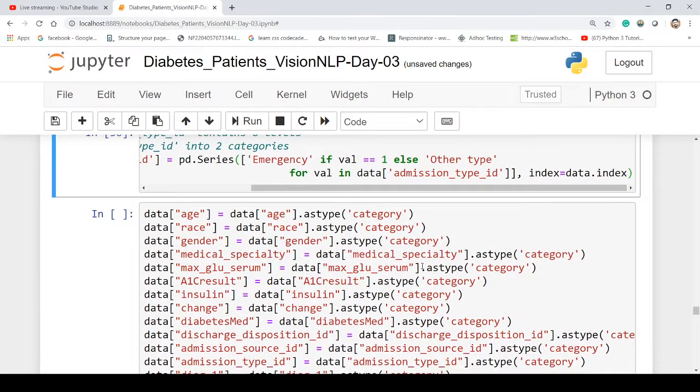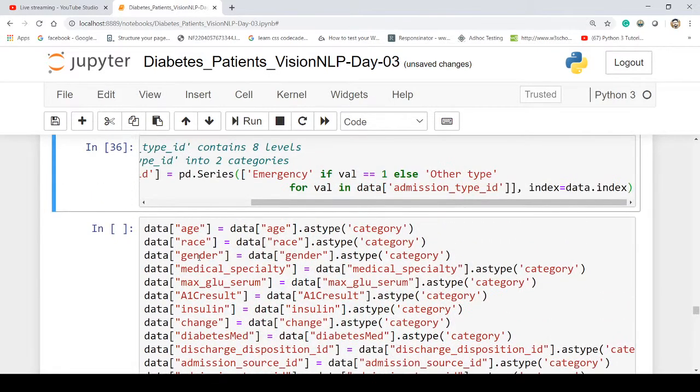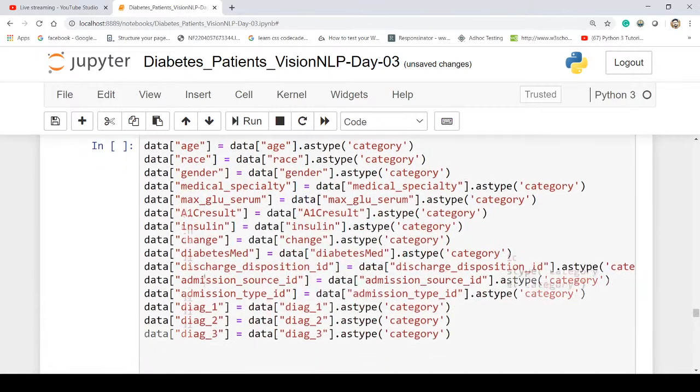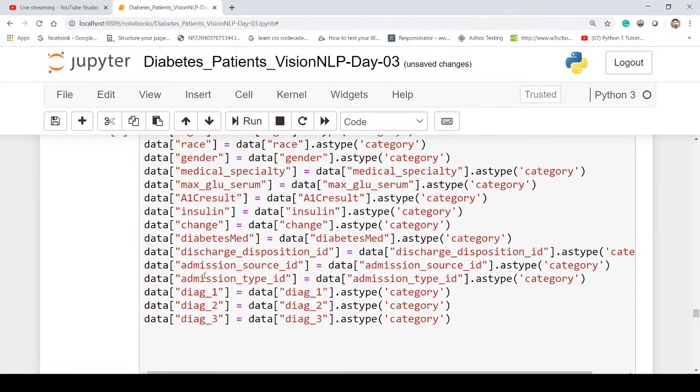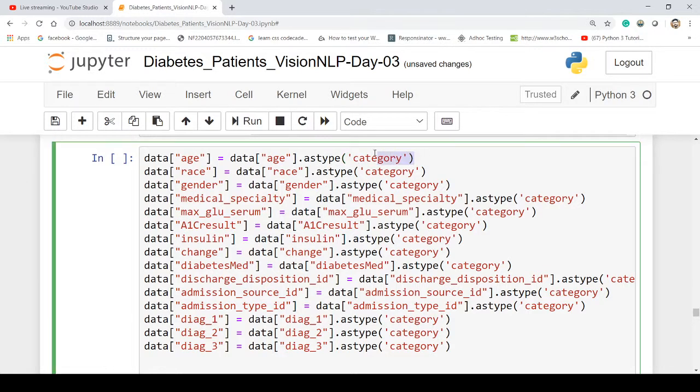So what we can do here is, I have these many things: age, race, gender, medical specialty, and all of these are categorical values. So I will change categorical to numerical, like age data as type category. This is just a one line code, and you should always do this.